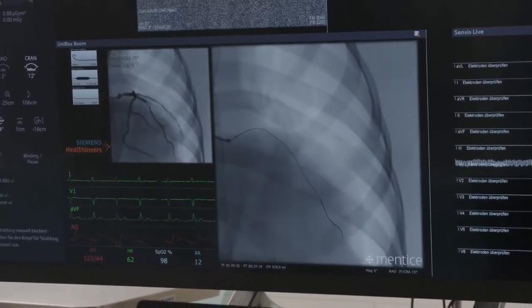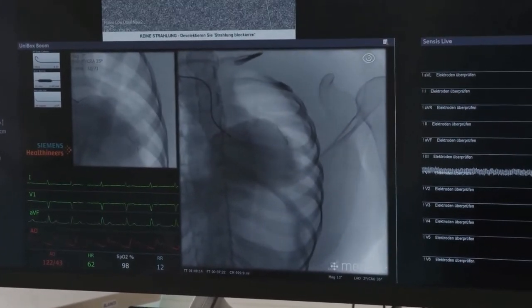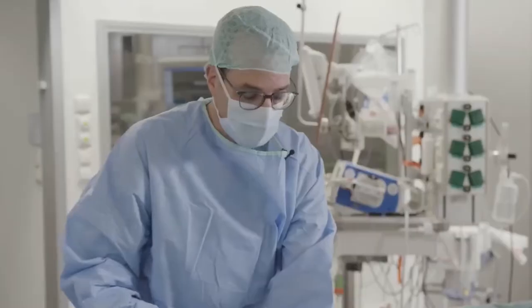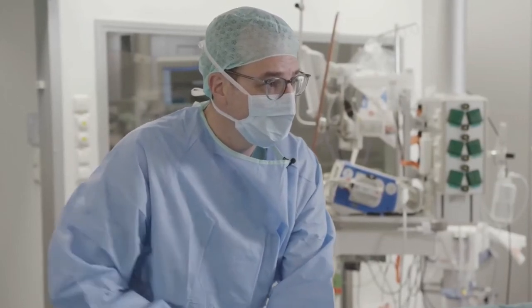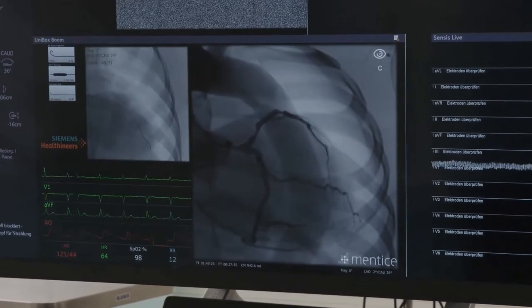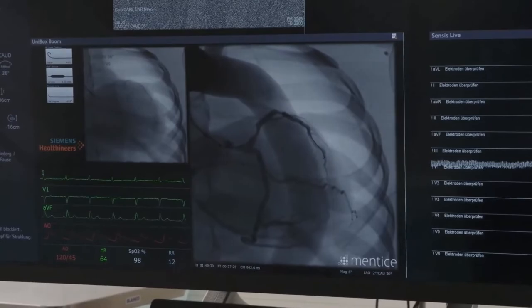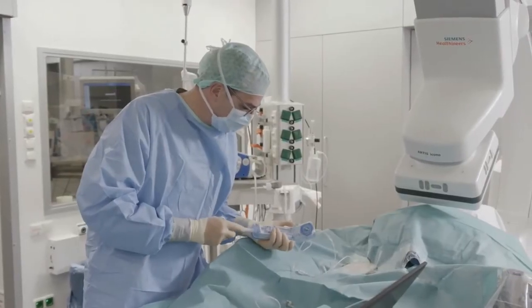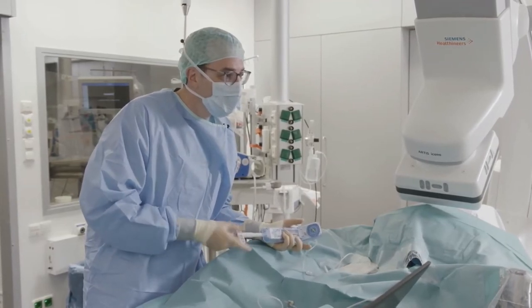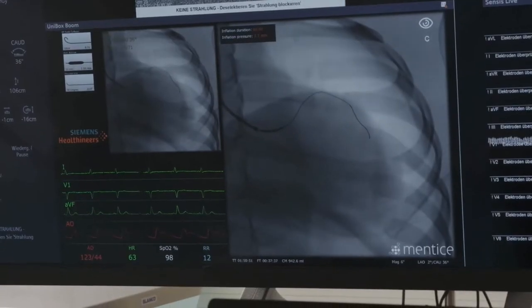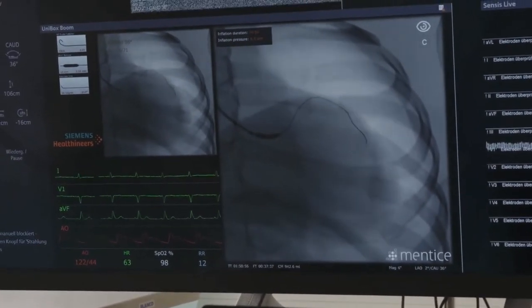We can change the projection because of the synchronization of the C-arm with the simulator. So we also have this real world scenario that our projection is changing there. Then we can predilate here. Okay, it's coming there. I think it looks good.